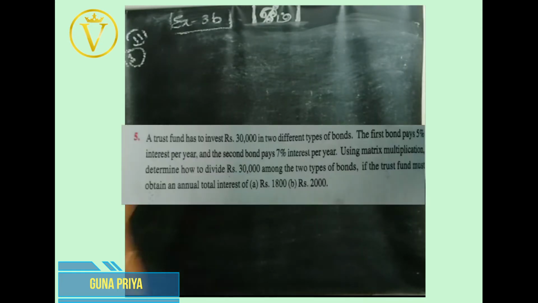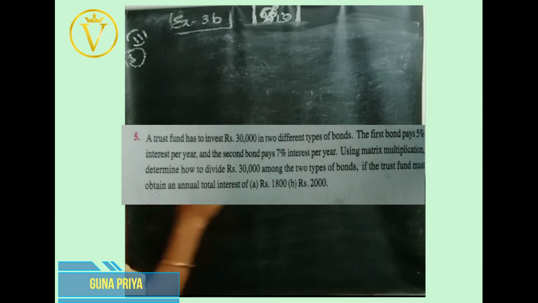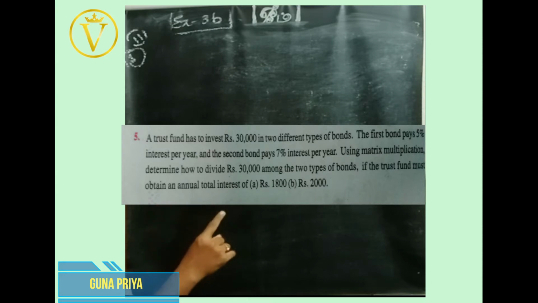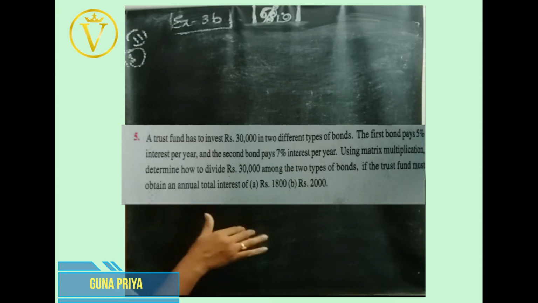So our fifth problem is: a trust fund has invested rupees 30,000 in two different bonds. The first bond pays 5% interest per year and the second bond pays 7% interest per year.